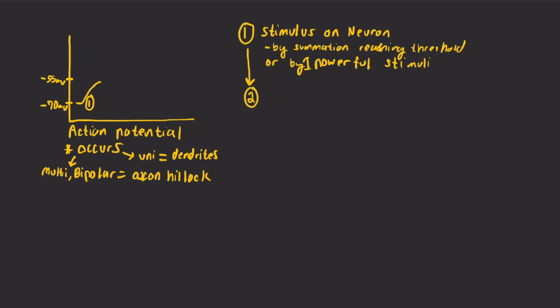Now that there is a stimulus on the neuron, we go into the next step, which is step 2. Depolarization will occur. Now that you have reached the threshold, okay, so step 2 over here, depolarization will take place. So the membrane potential of the neuron becomes more positive.